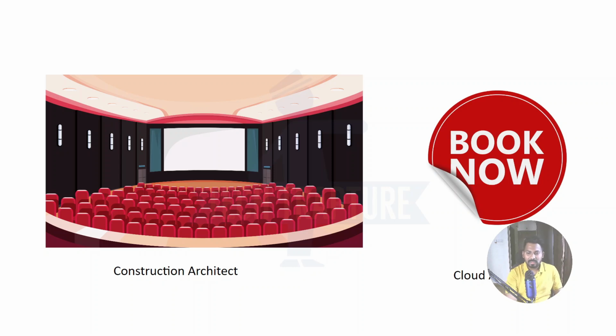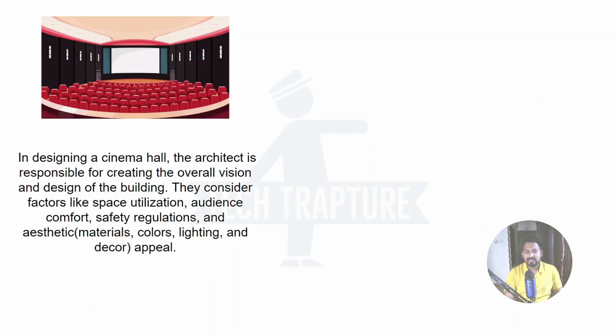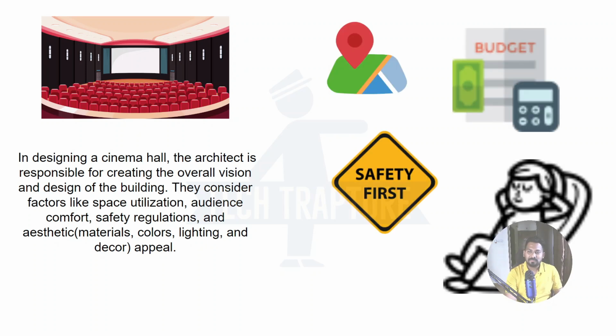Okay, so what will happen in case of the first scenario? When I want to design or build a cinema hall, I will go to a construction architect, and the architect will create a blueprint of how the overall design of that cinema hall would be. It will check these factors: what would be the location, how much space will be there to construct a cinema hall, how much space we require for a screen, whether you want a multi-screen theater or a single screen theater.